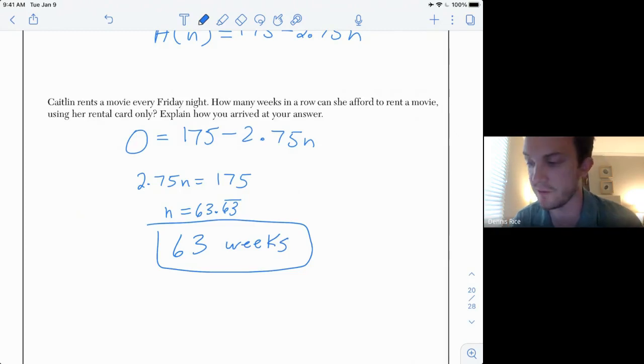He has a good point. This didn't say algebraically, so we can really say anything we want. You could even say, I got 63 weeks because I sat there and kept subtracting 275 for an hour. Not saying that would take you an hour, but they're not giving us any explicit way of doing this.